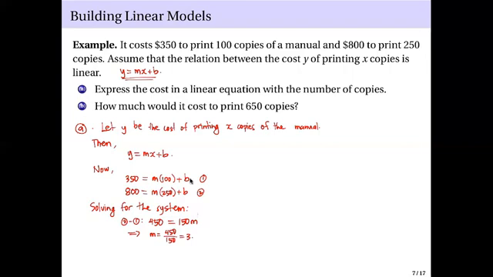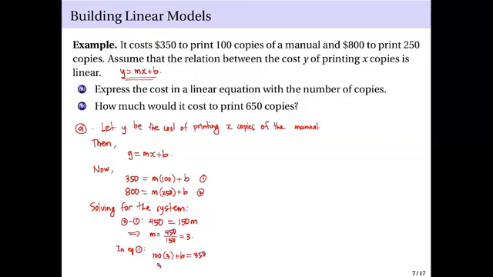Now, we solve for the value of b here. We substitute m equals 3 into either equation 1 or 2. Let's just use 1. So in equation 1, we have 100 times 3 plus b equals 350.